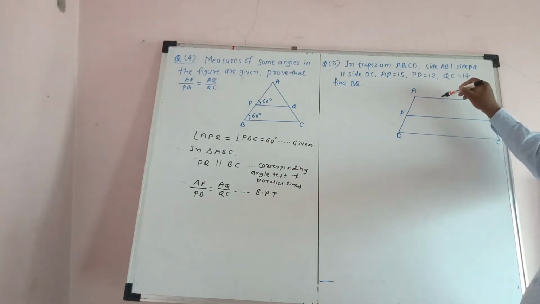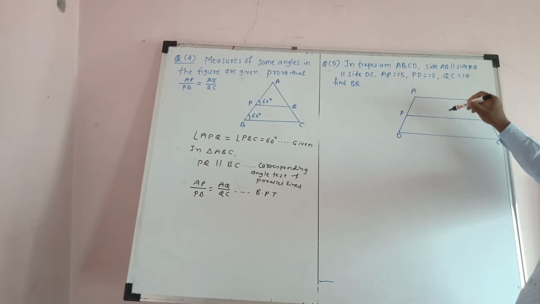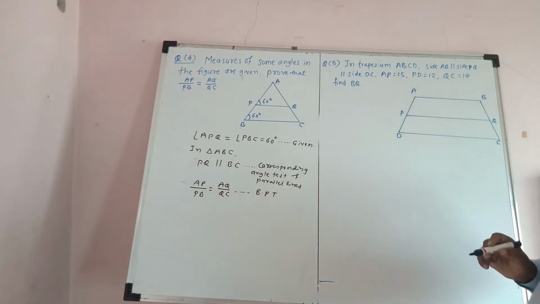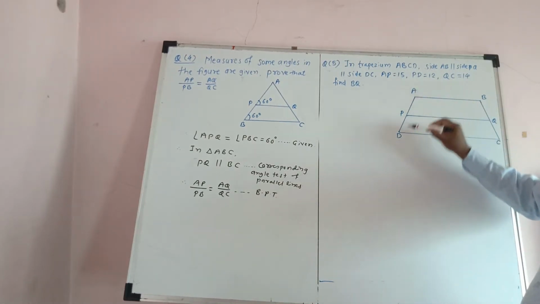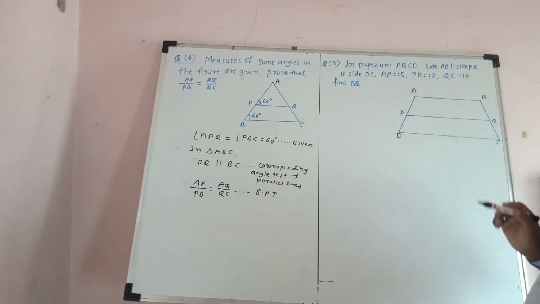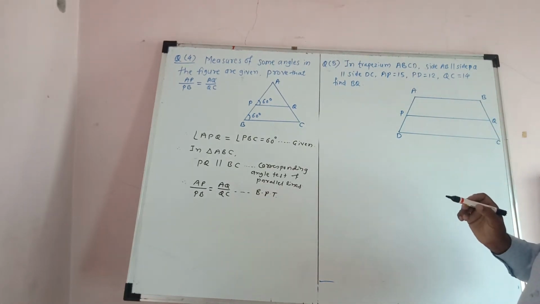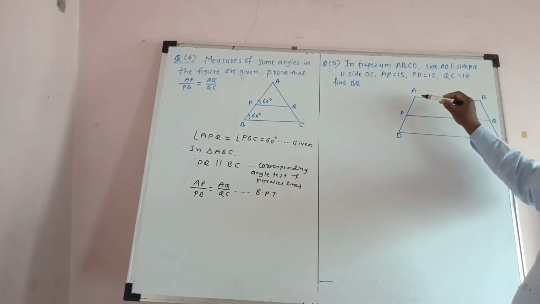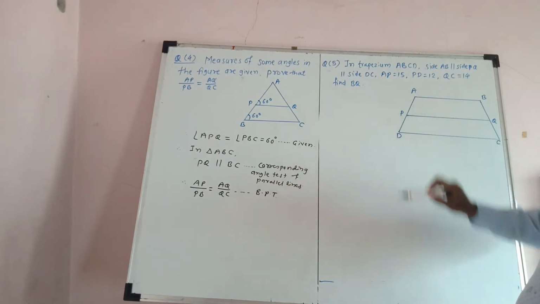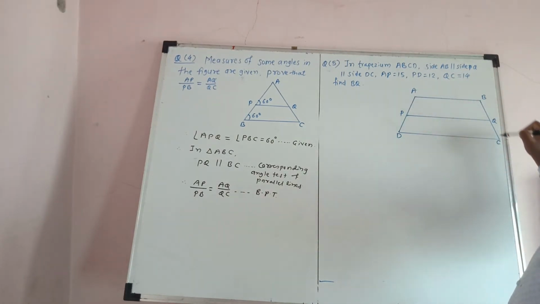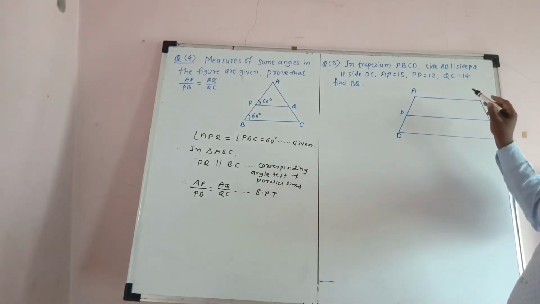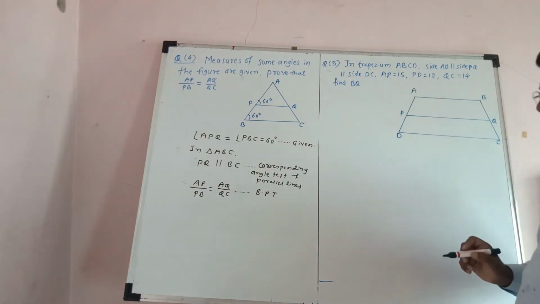Here three lines are parallel to each other, AB parallel to PQ parallel to DC, and AD and BC are their transversals. Therefore, according to the property of three parallel lines and their transversal, we can write here AP upon PD is equal to BQ upon QC and find the value of BQ.